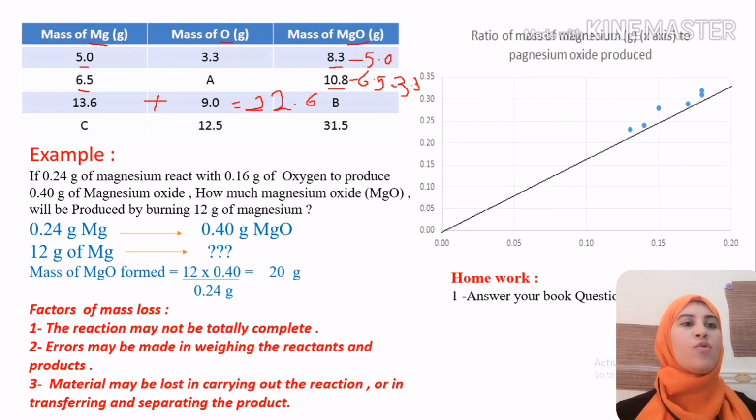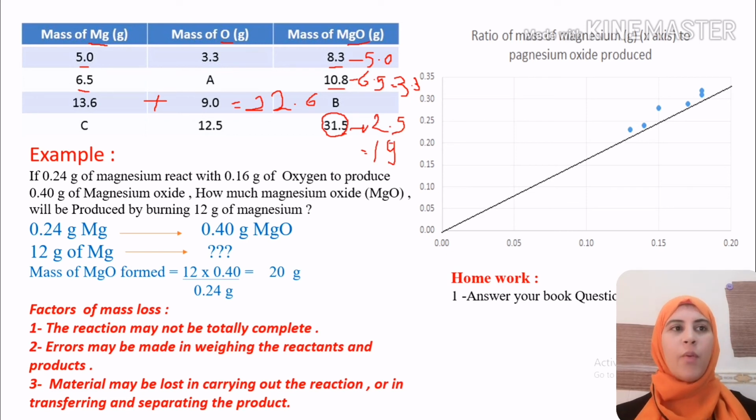And we have mass of oxygen 12.5, mass of magnesium oxide 1.5 minus 12.5 equals nearly 9, I think 19 grams of magnesium will be used in the reaction.